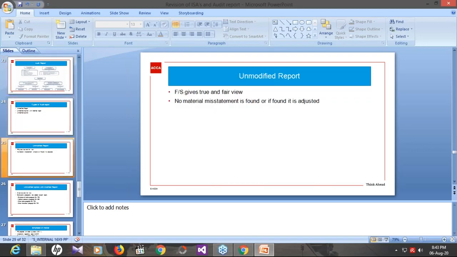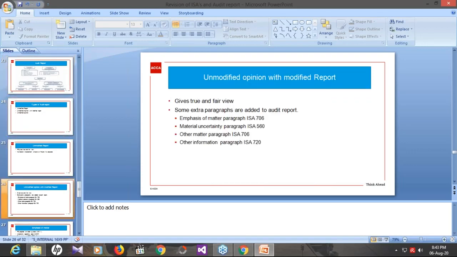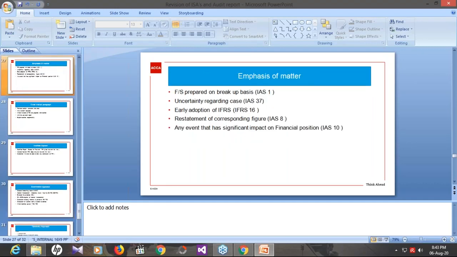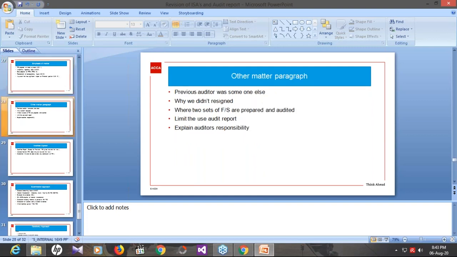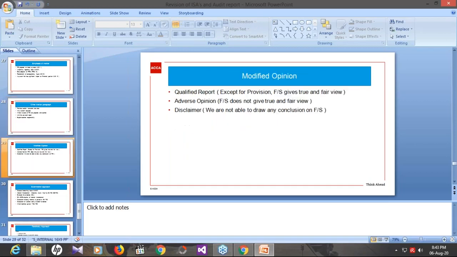You should know what factors should be included in an emphasis of matter paragraph. You should memorize these points, as well as the points included in the other matter paragraph, and how an audit report can be modified if it has a pervasive effect or a material effect.